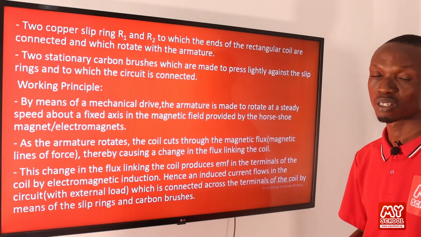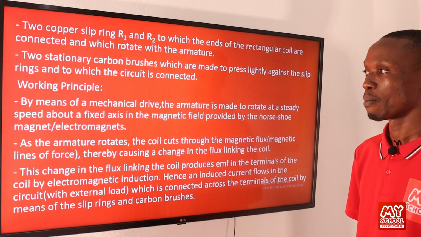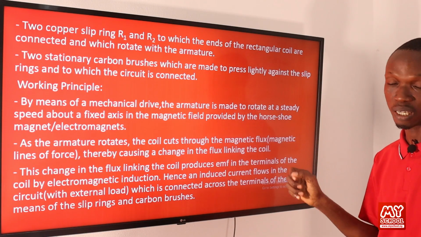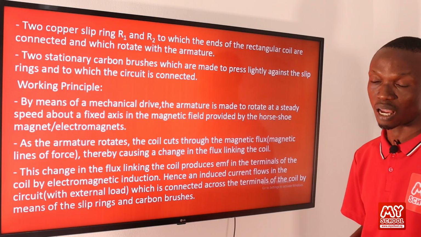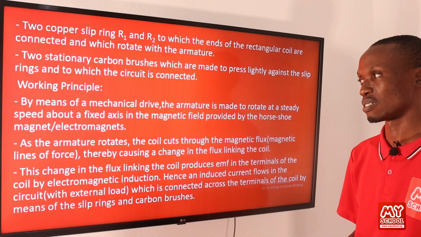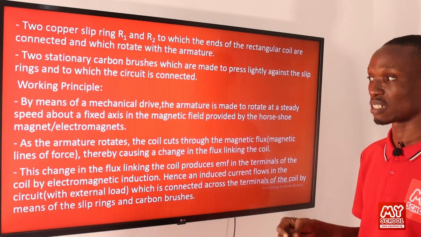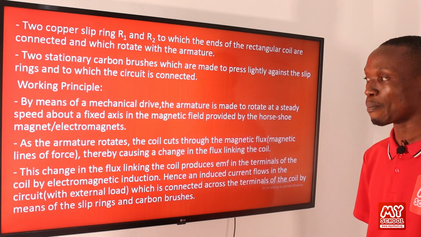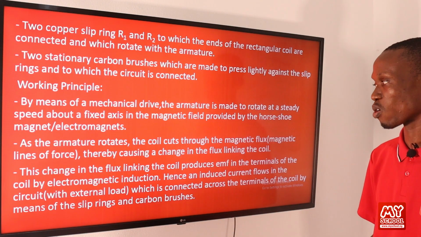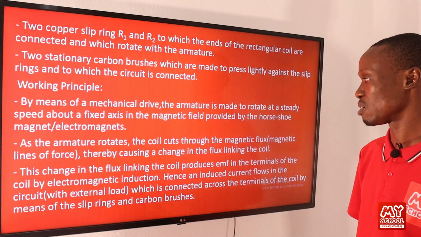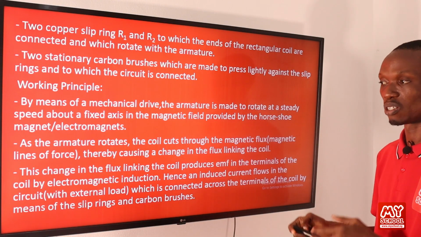Now let's talk about the working principle. By means of a mechanical drive, the armature is made to rotate at a steady speed about a fixed axis in the magnetic field provided by the horseshoe magnet or electromagnet. As the armature rotates, the coil cuts through the magnetic flux, thereby causing a change in the magnetic flux linking the coil.